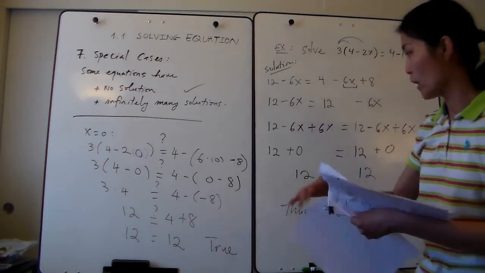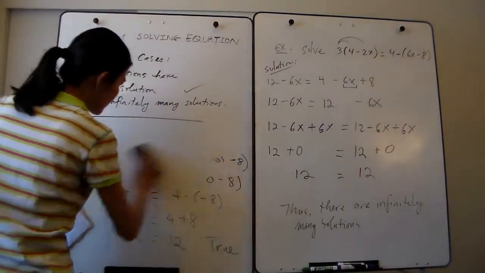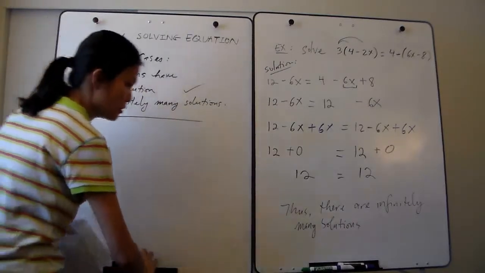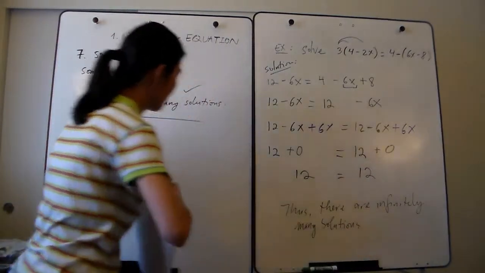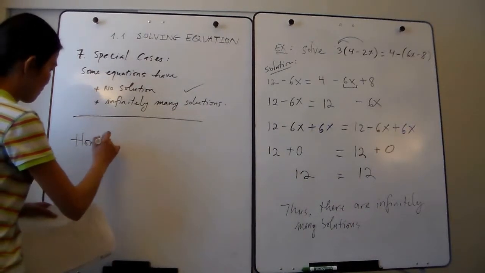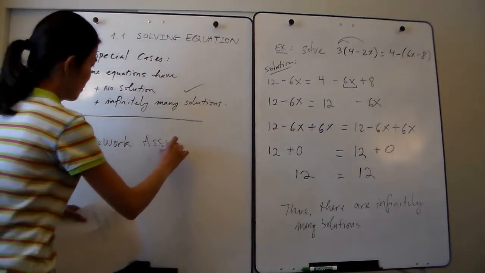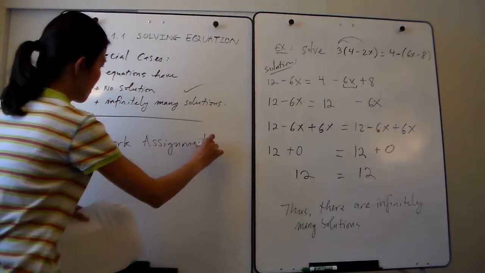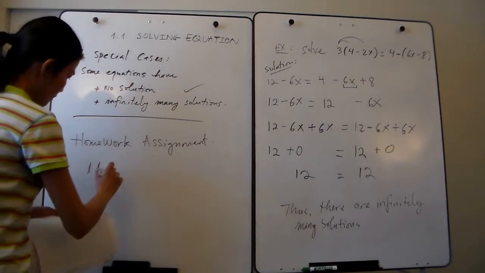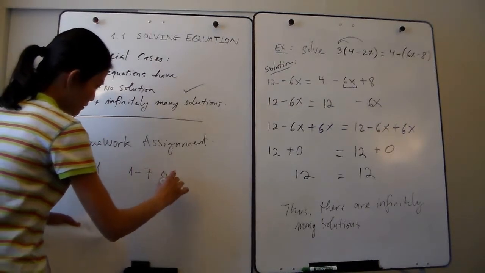So I have the list of homework here. You can work on it. Here is the homework for section 1.1. For section 1.1, 1 to 7 odd.